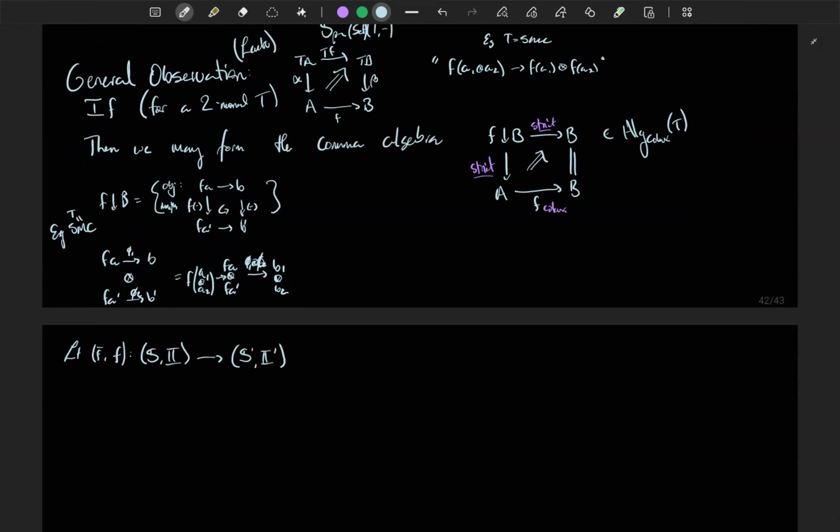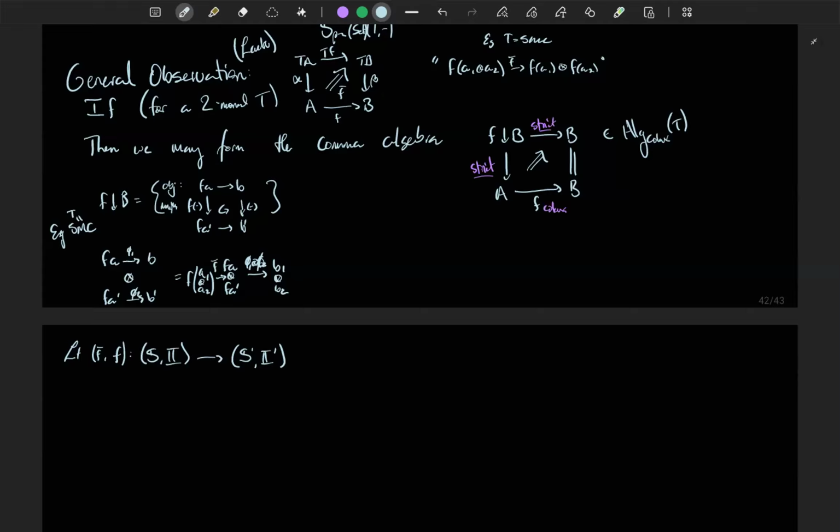So what do I mean by this arrangement of data here? It's a colax thing. Now what we can do is form the comma.